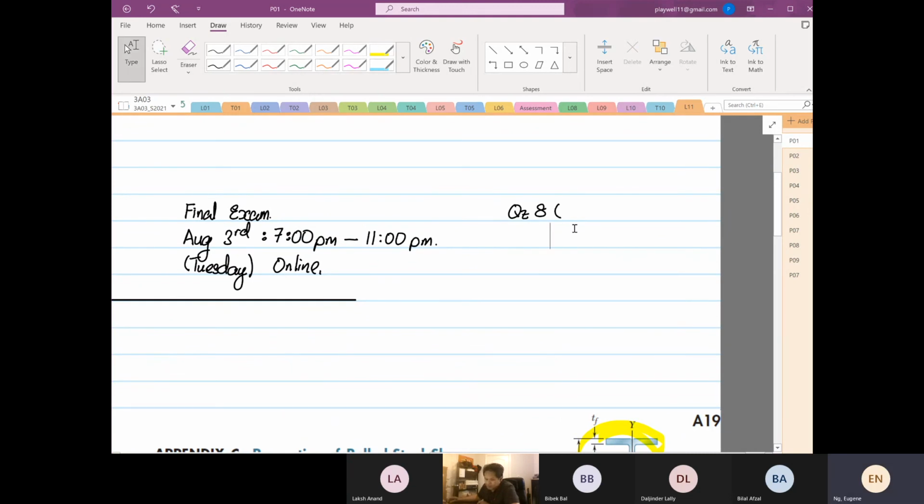It's going to be on, what day is it, 13, 14, 15, July 15. It's on shaft design. So it's basically last week's homework. I think it's homework 10.